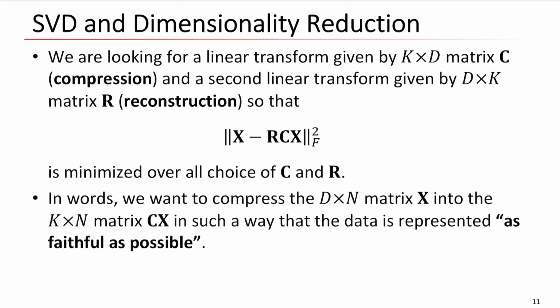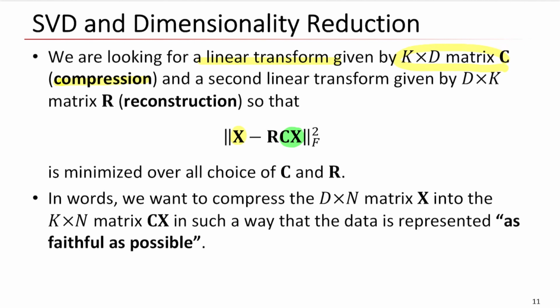Actually, dimensionality reduction is to look for a linear transformation given by a K by D matrix, called the compression matrix. Let's say we have an original matrix X, and with the K by D matrix C, we can compress this X to the new space, right?